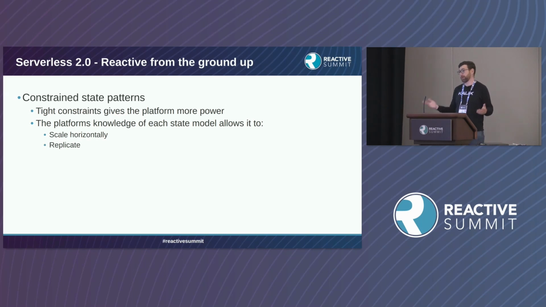It can know how to replicate that. Does it need to replicate it? Is it one way, or can it replicate two ways and then merge? What kind of options does it have for replication? When you use a constrained state model, the platform can make those decisions, and the developer can just focus on their business logic. And the platform can also make and meet consistency guarantees.